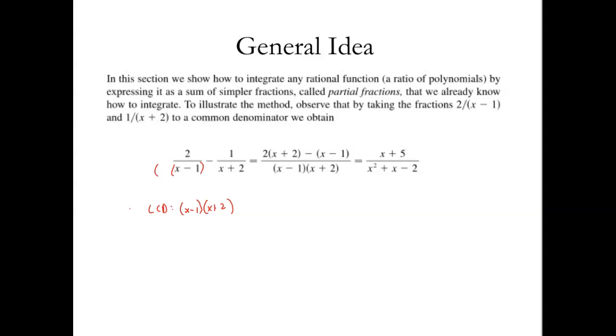So I would have to multiply this one by x plus 2, and I would have to do that to the numerator as well. And I would have to multiply this one by x minus 1, and I would do that to the numerator as well. And now I can combine them into a single fraction with the same common denominator. I can multiply everything out, and I can get here, right? You guys have been doing that since at least Algebra 2.